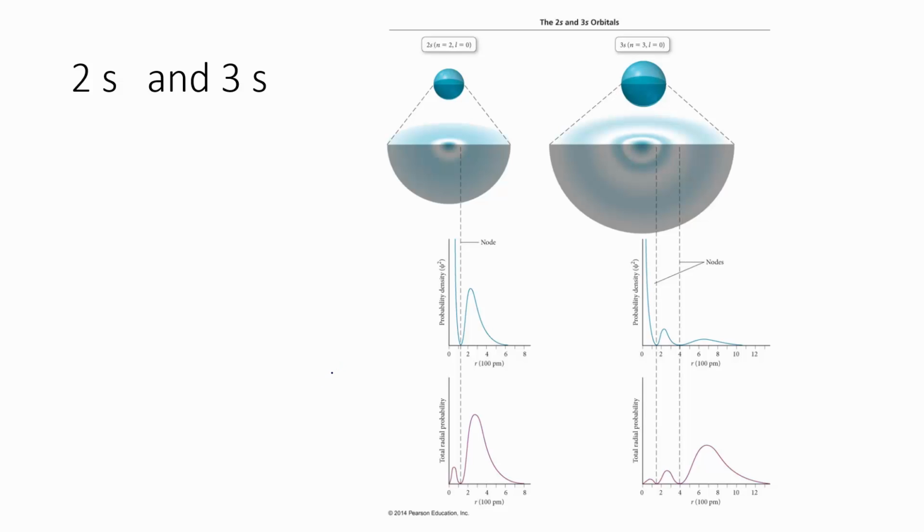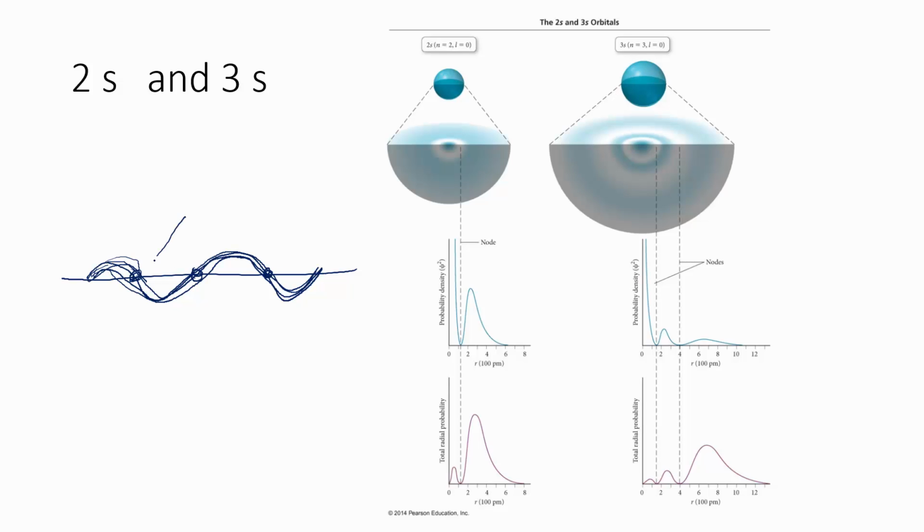Now for 2s and 3s, just like waves can have nodes, you can think of this more easily with a standing wave. If we have something oscillating back and forth through space, we have places right here, right here, right here, where we get zero amplitude.